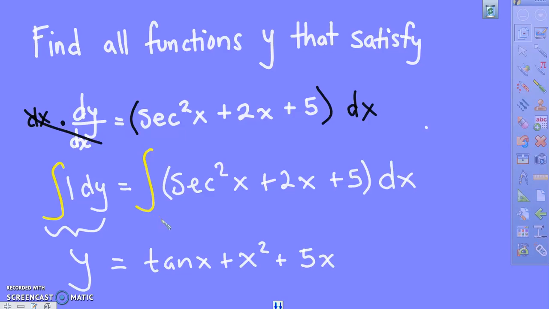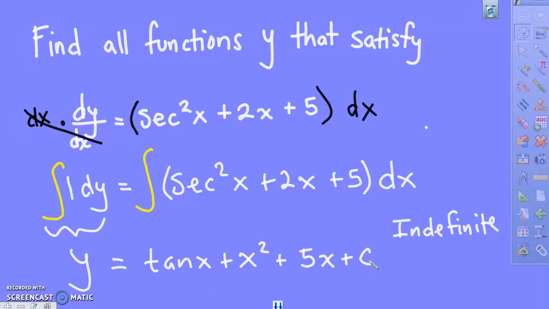Now, notice that this is an indefinite integral. This is indefinite. We do not have a lower limit or an upper limit, so we have to do the infamous plus c. And that's your answer.